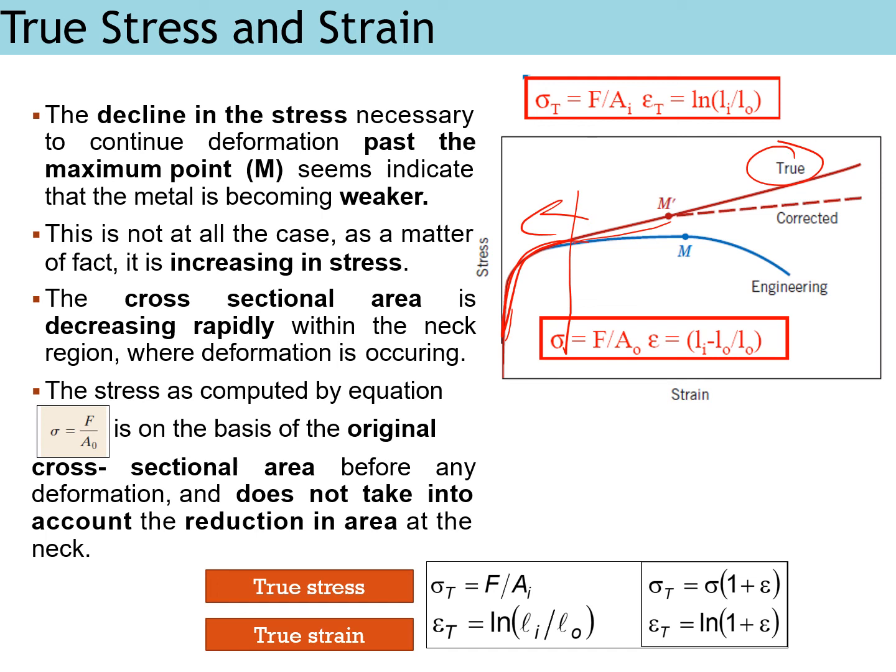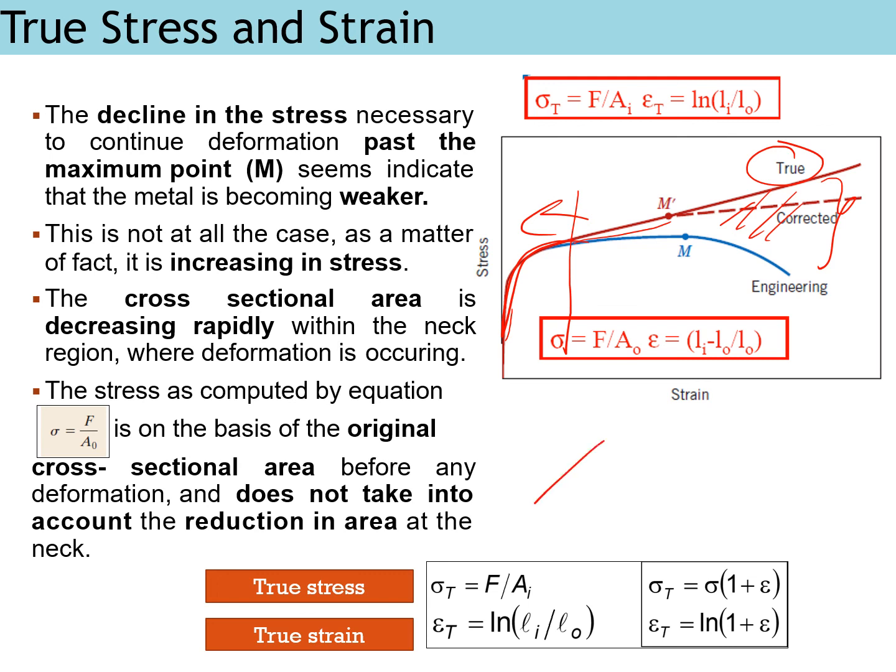However, for some cases, when we have a large plastic deformation, the difference between these two curves is significant due to the sudden change of the cross-sectional area when necking occurs. Then we need to use the true curve.